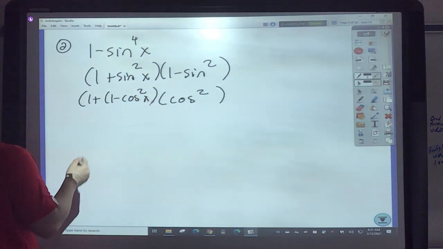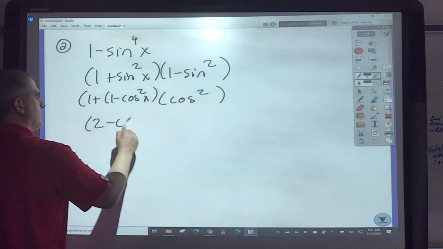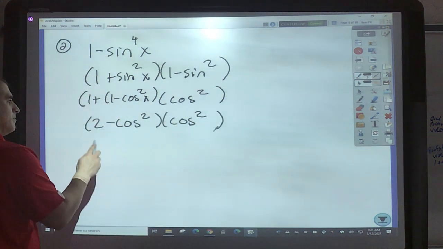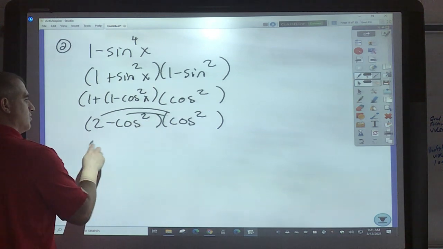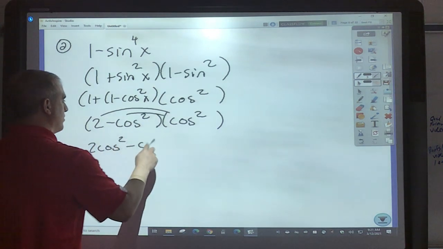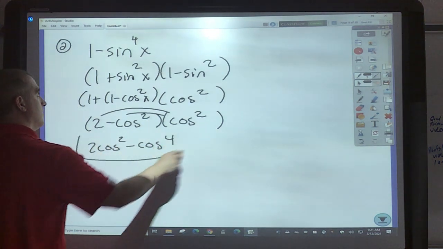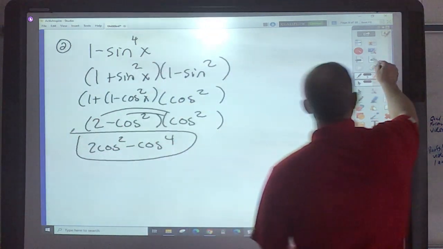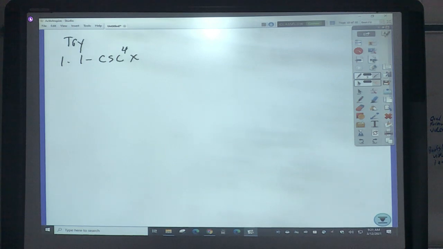So once again, that combines to 2 minus cosine squared times cosine squared. So I would just distribute that. So 2 cosine squared minus cosine to the 4th. So what I'd like you to do is finish off and do this one on your own.